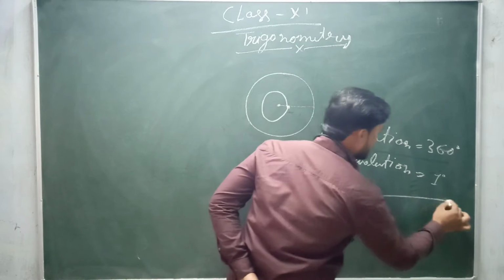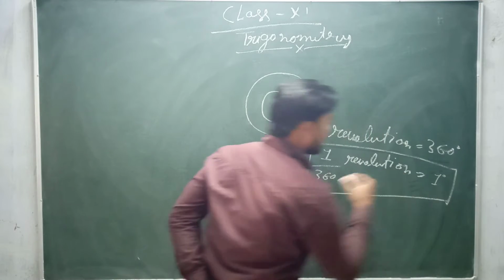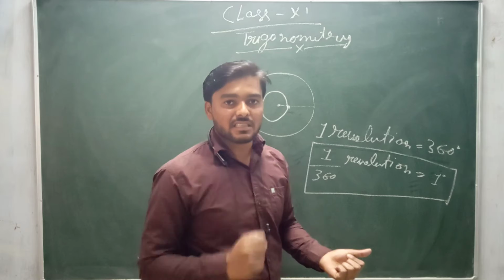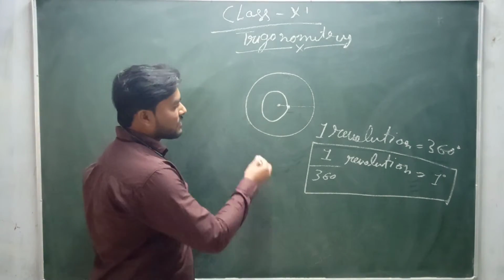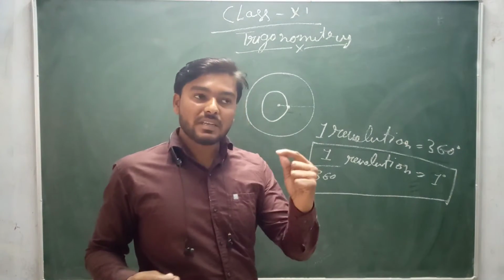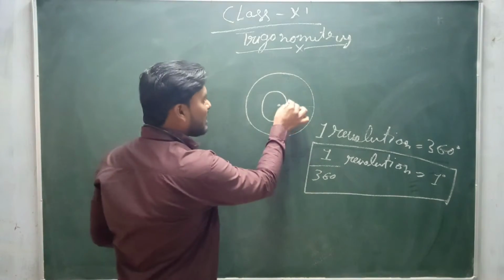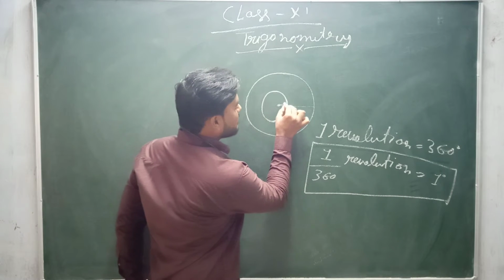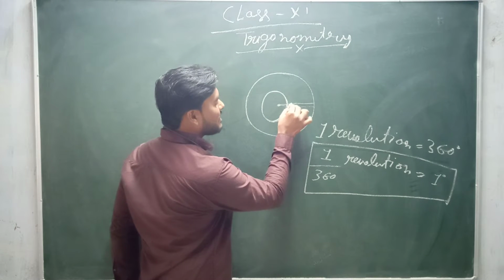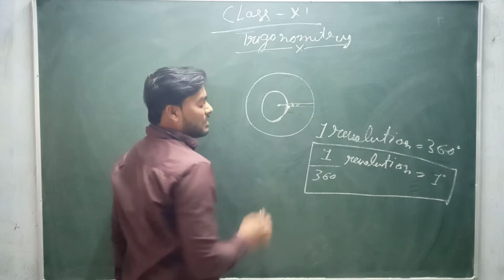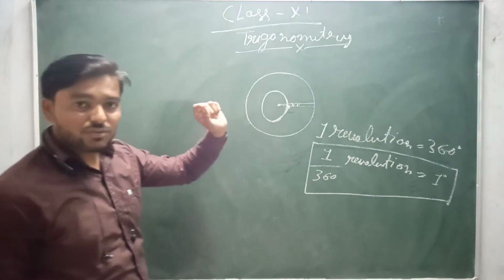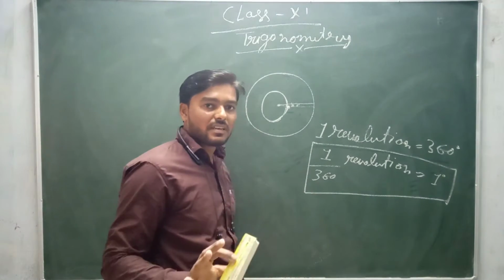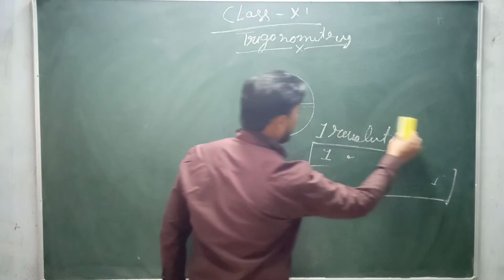So 1 degree is equal to 1/360th of a revolution, where 360 is the total angle. That is called 1 degree. 1 degree equals 1/360th revolution.